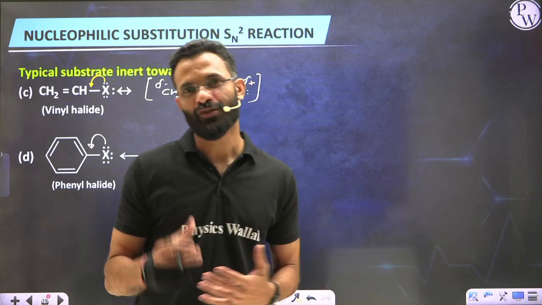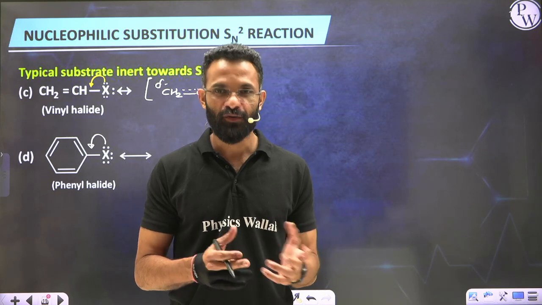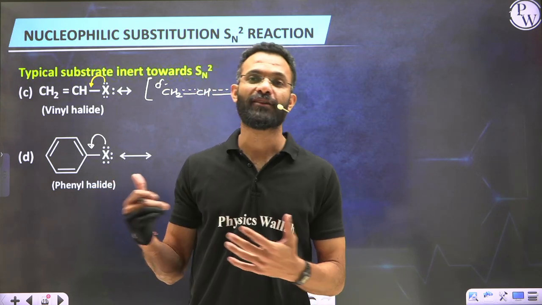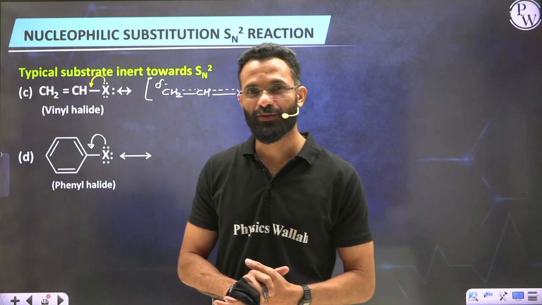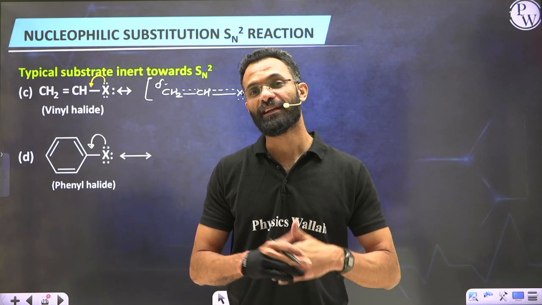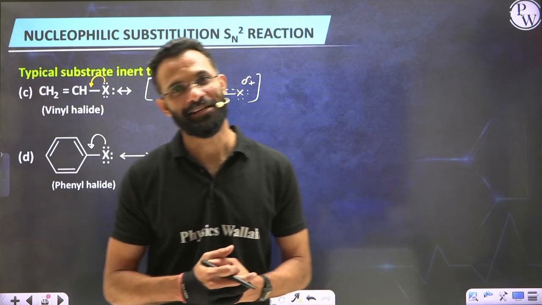One such reaction you come across in the chapter of phenol is called the Dow process, where you take aryl halide, you treat that with aqueous NaOH at high temperature and pressure, and you manage to carry out nucleophilic substitution, but those are not the normal conditions. You need drastic conditions for such substitutions to take place.